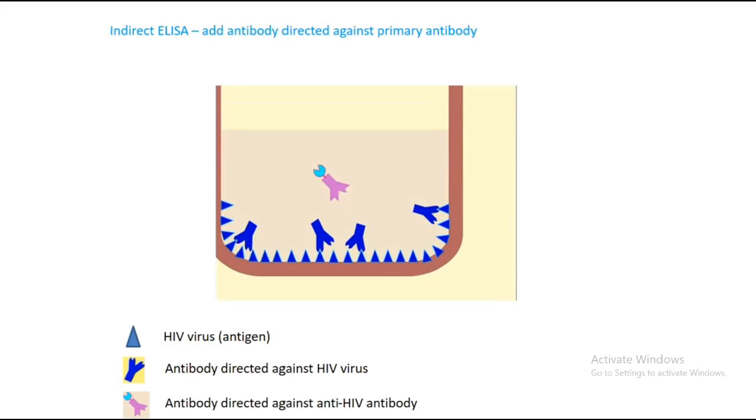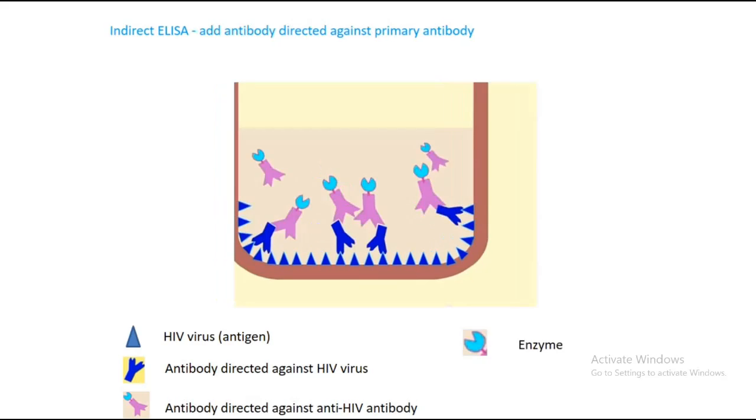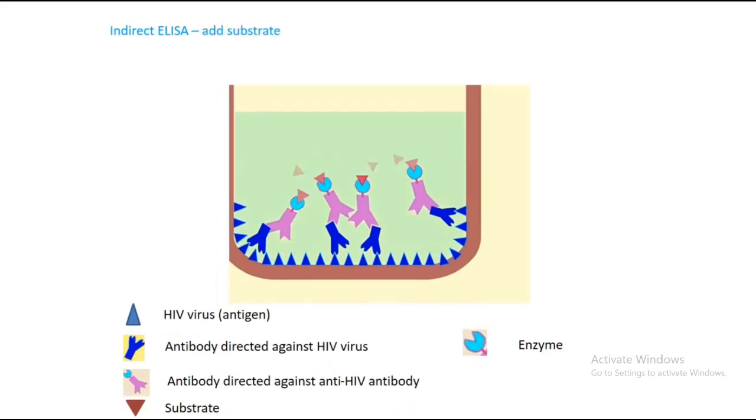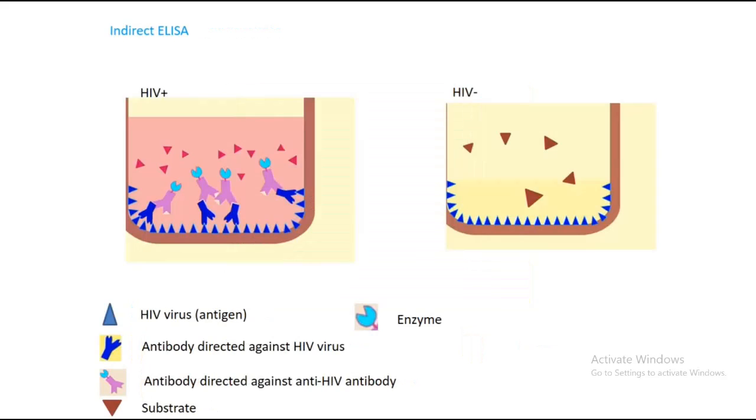So we then add a secondary antibody. Okay, and the secondary antibody then is targeted towards the Fc region of the target antibody. When it binds, you get the secondary antibody binding to the antibody target, and excess unbound secondary antibody is washed off. What we then do is add substrate, and substrate reacts with the enzyme and causes a color change.